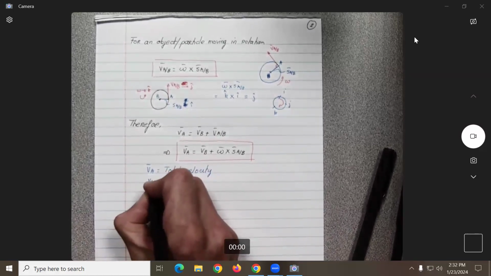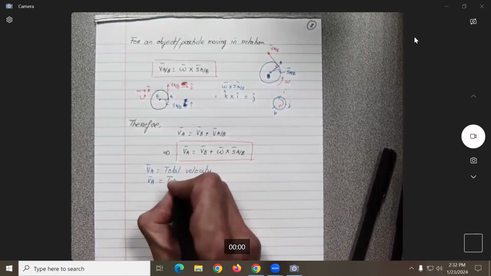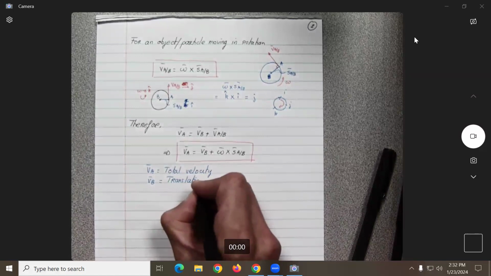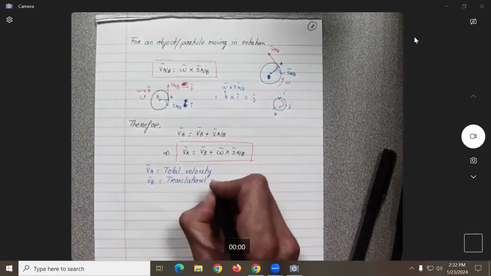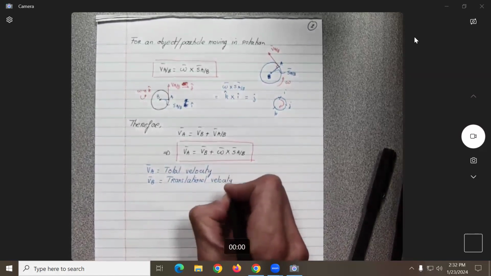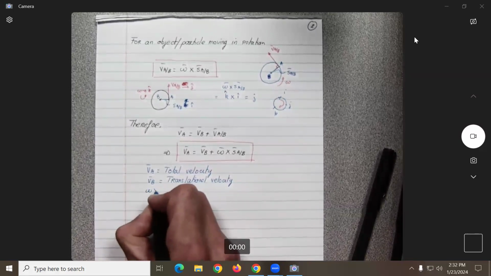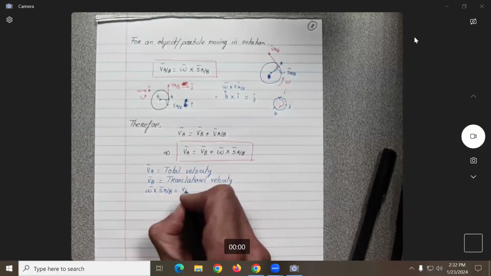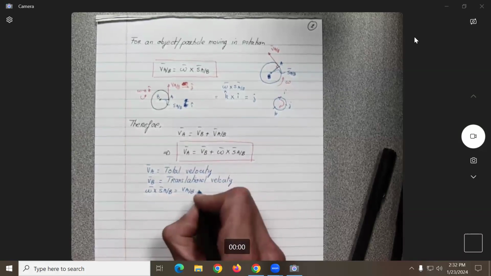What is VB? Translational velocity due to translation. And what is omega cross S of A with respect to B, which was V of A with respect to B?